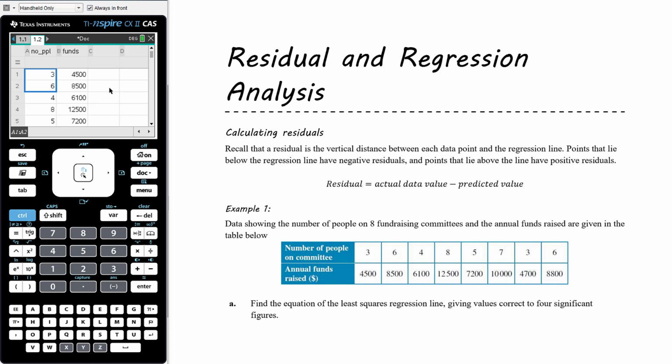Our particular data set. So the first thing, we did talk about residuals 2 videos ago when we talked about the least squares regression line. And we talked about the idea of the residual being the error in terms of how far away the data point is from the line of best fit. By how far away, I mean the vertical height, so the difference in the y values.